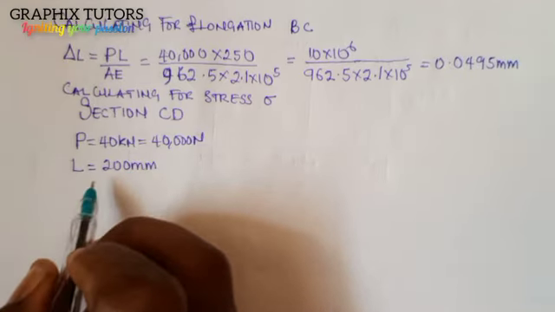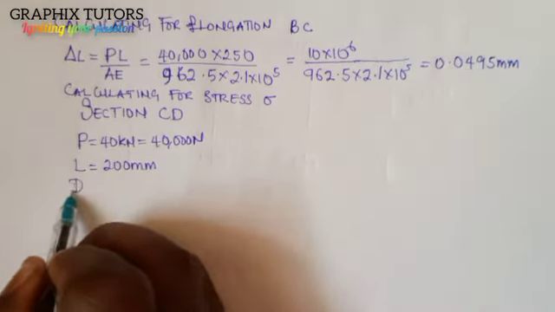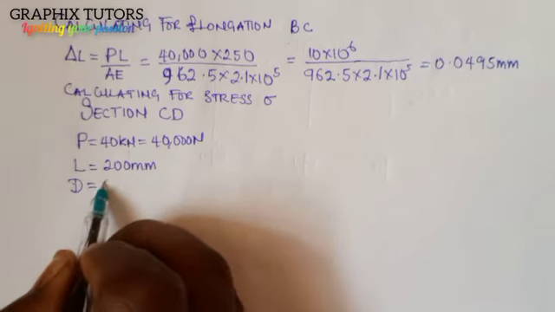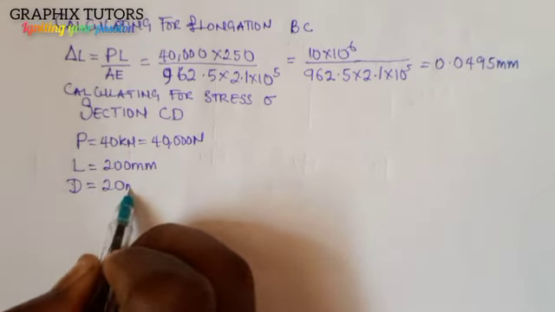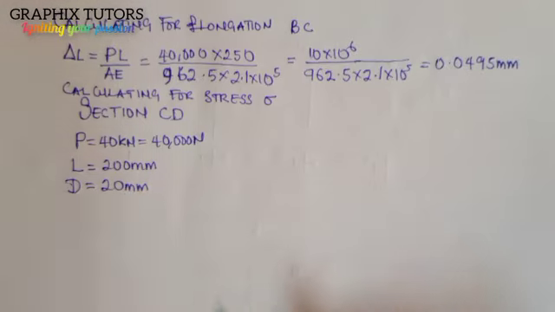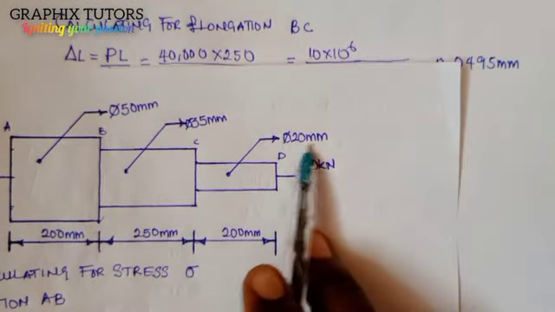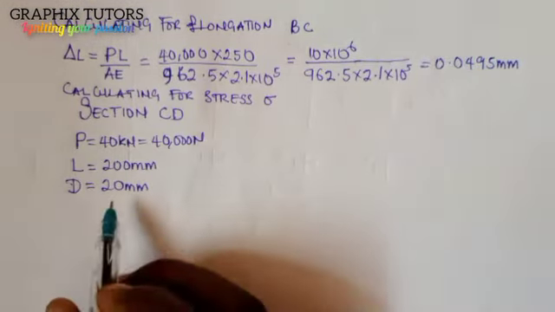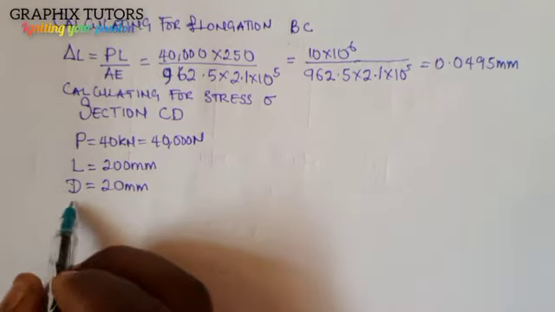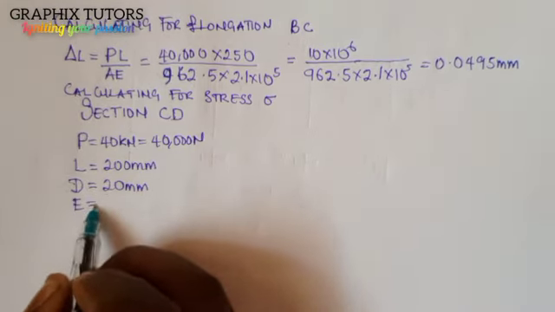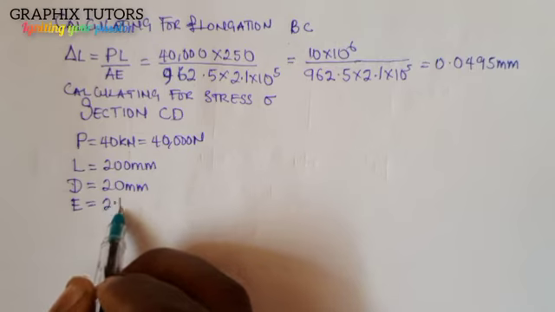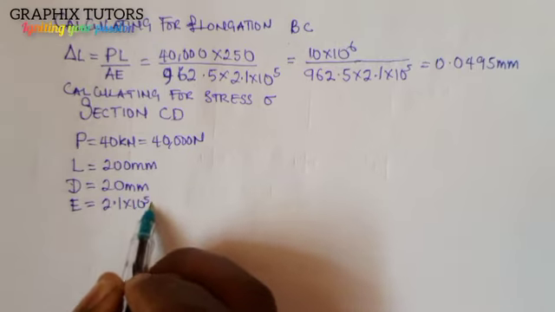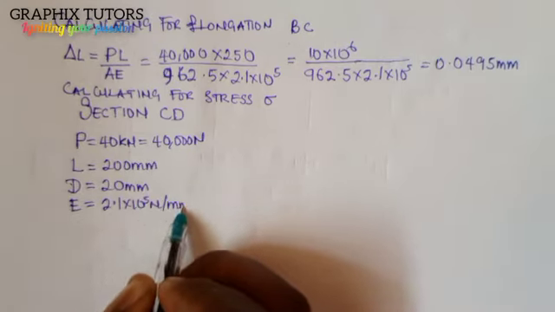And we have the diameter D of that section, which is 20 millimeter. Now we also have the Young modulus E of that section of the bar, which is 2.1 times 10 raised to the power 5 Newton per millimeter square.